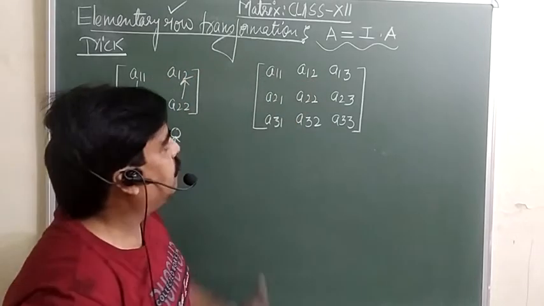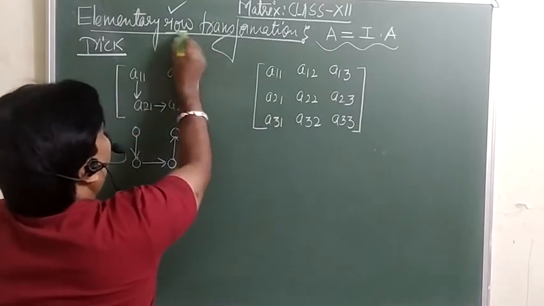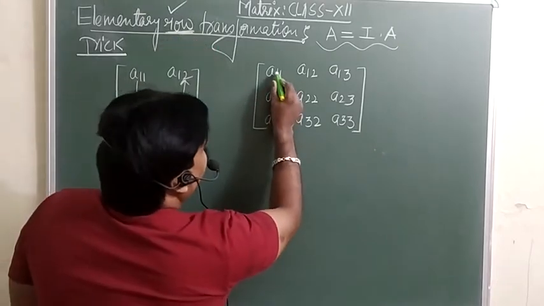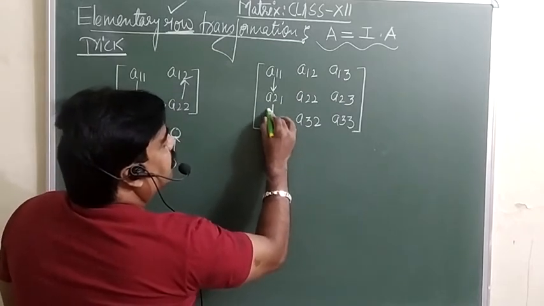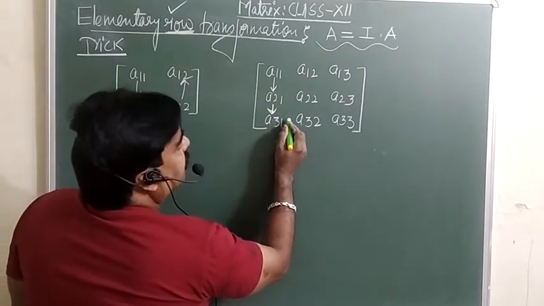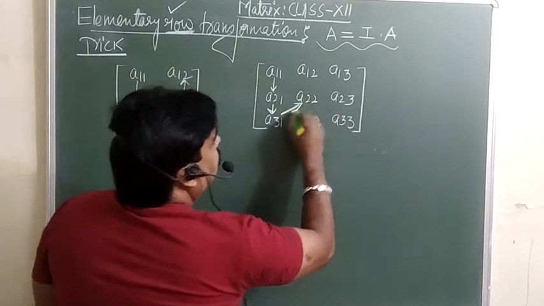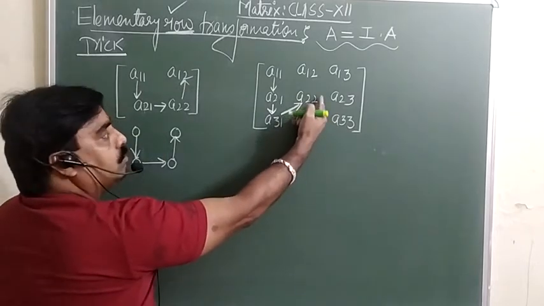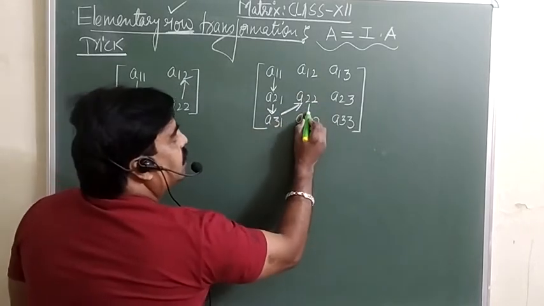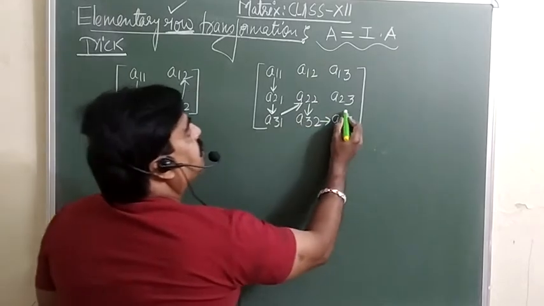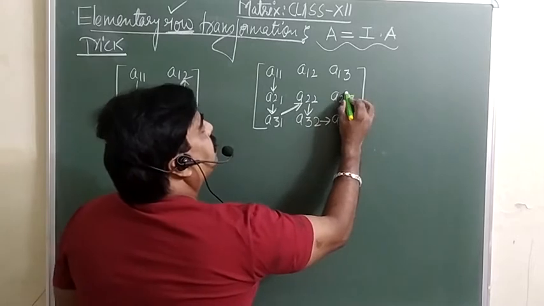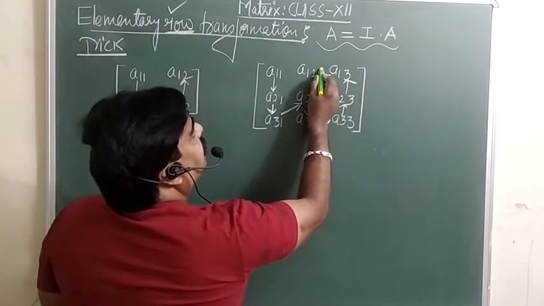But if it is 3 by 3, we are supposed to do all the row operations. So make A11 first 1, then A21 is 0, then do the operation on this one, then R3 with R1, then A22, then R3 with R2, then R3, then R2 with R3, then R3 with R1, then R2 with R1.